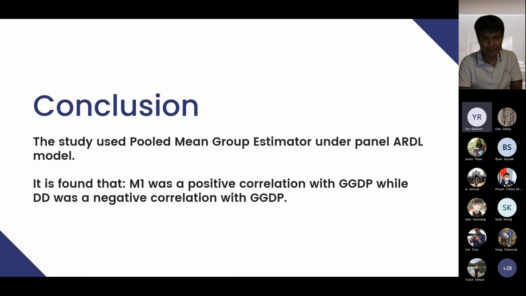And the paper found that in the long run, money supply has a positive correlation with GDP, while demand deposit, the paper put, has a negative correlation with GDP growth. And this is our group presentation. Thank you.